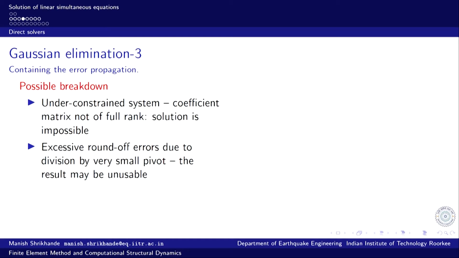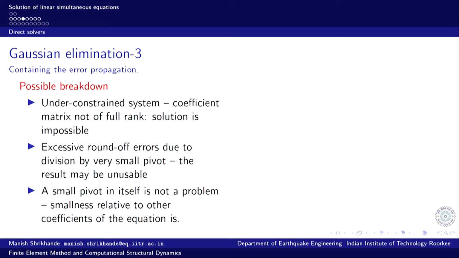The result may be quite unusable. The small pivot in itself is not a problem, because if all the elements are of relatively the same order of magnitude, if the other term in the equation instead of being 10 had been 0.002, that would not have been a problem.